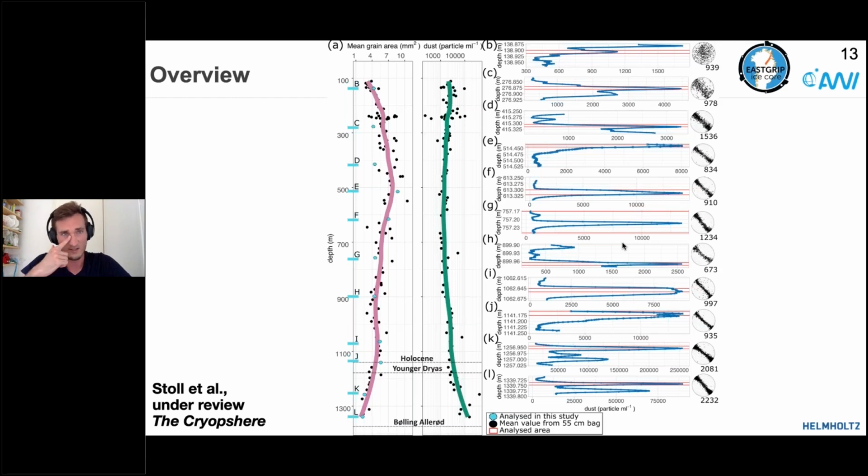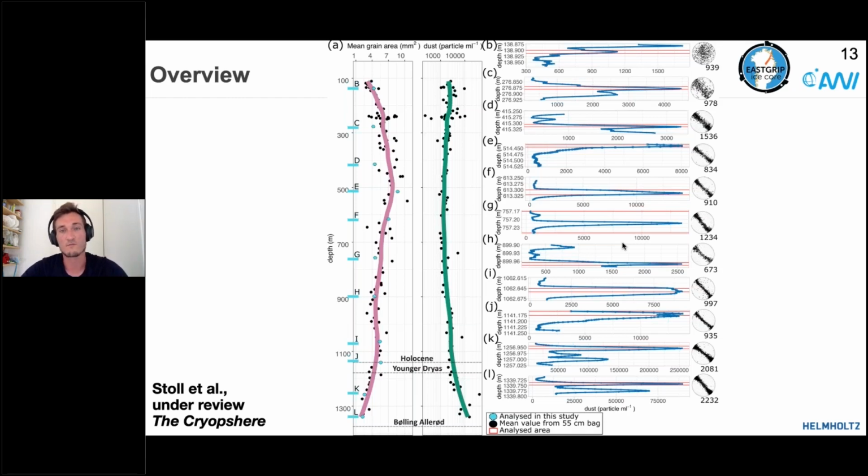And you can see the grain area here on the left in pink, and the dust particle concentration in green on the right, and then the detailed dust particle measurements and data on the right. But just for a brief overview, this plot is a bit too busy, so please don't try to read it all.